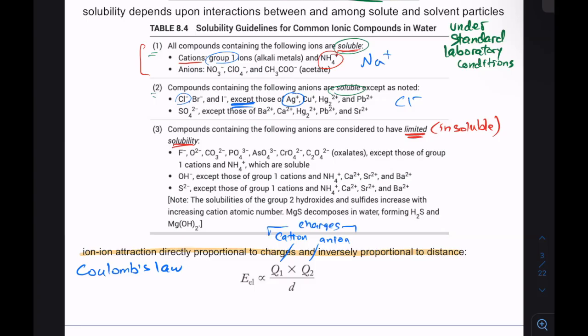So for example, with sodium and chloride, it's a 1 plus and a 1 minus. But if we had magnesium chloride, that would be a 2 plus and 1 minus. And then this is D. This actually should be D squared, distance squared. This is the distance between the two ions.